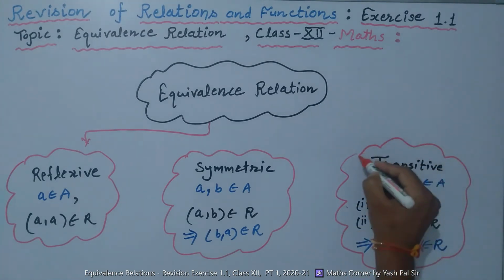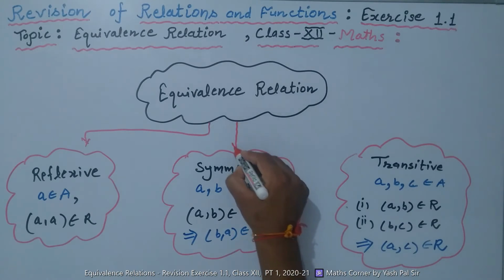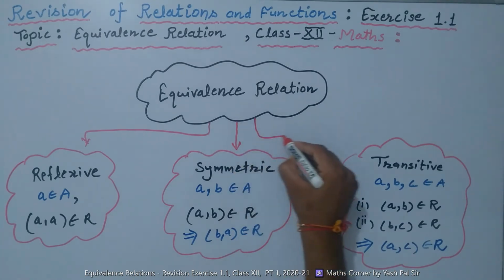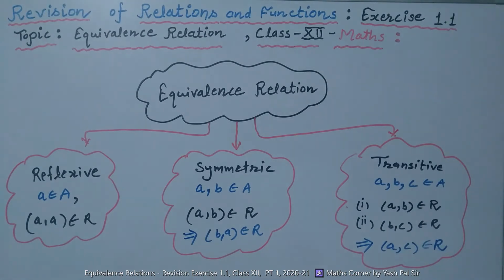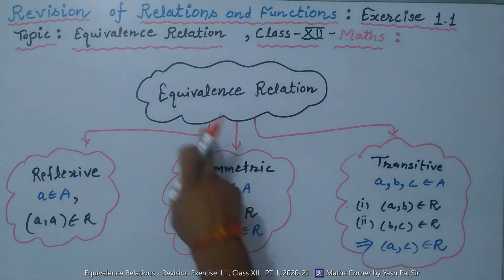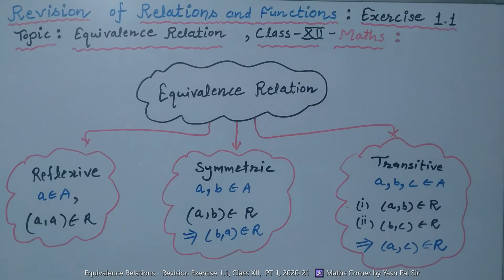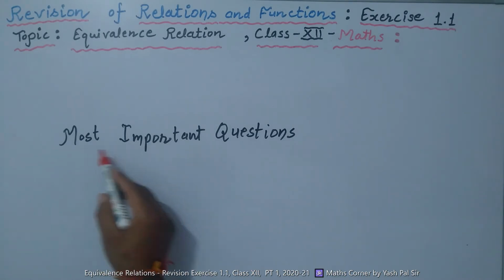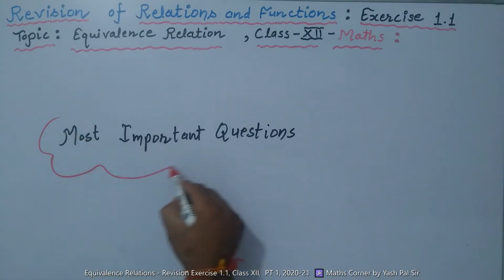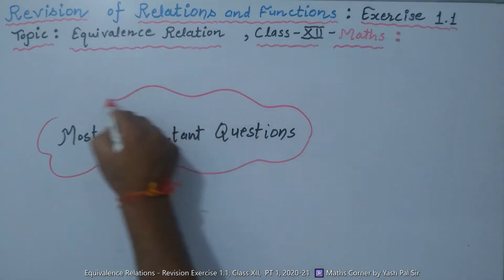If the given relation R is reflexive, symmetric as well as transitive, then we say that the relation is an equivalence relation.